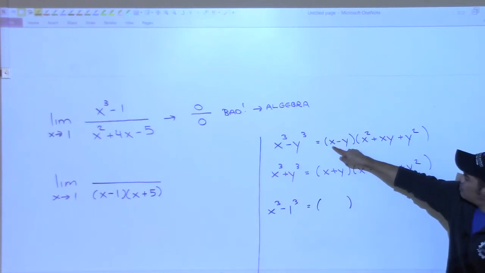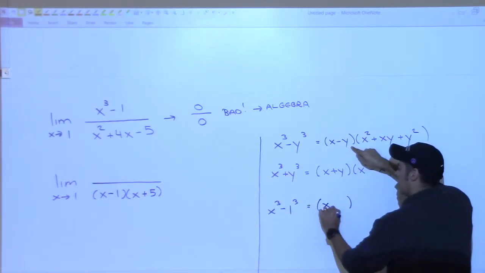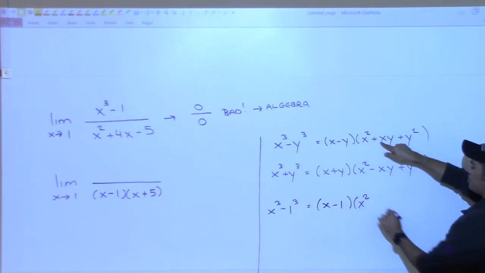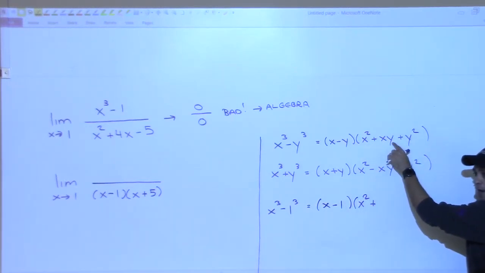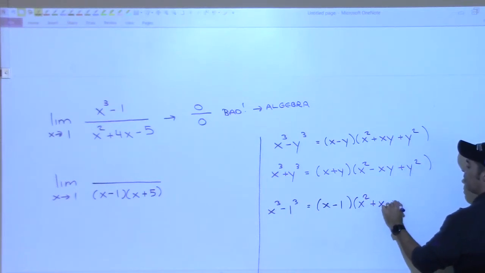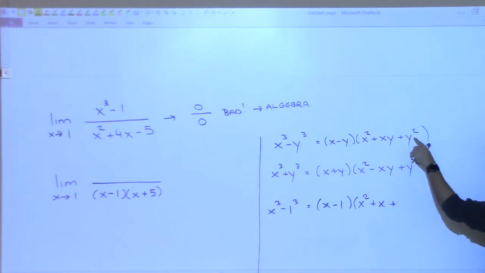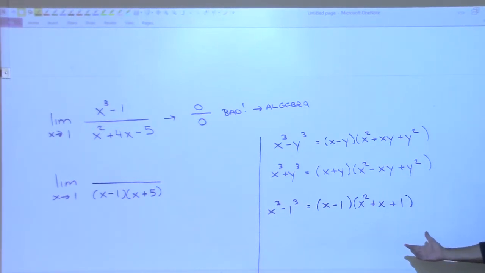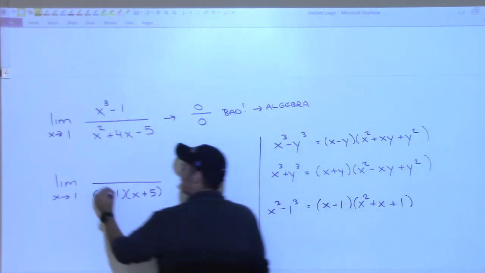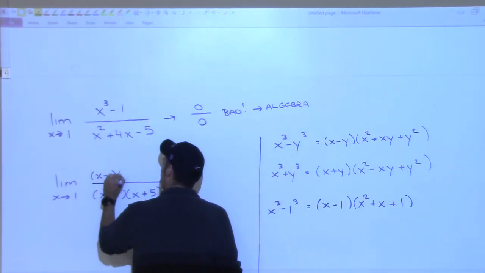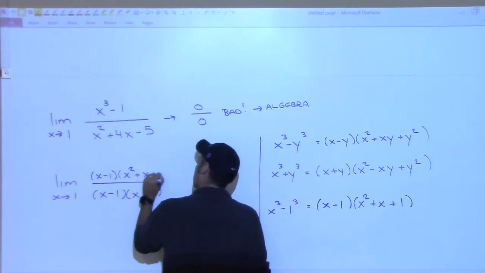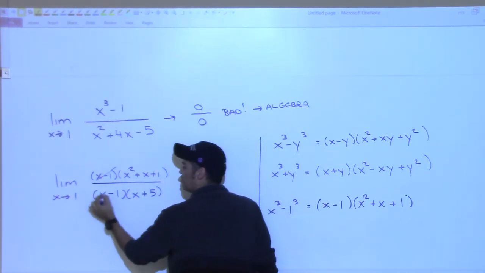So it should be x minus 1 times x squared, plus x times 1, which would be x, and then plus y for us is 1, so 1 squared is 1. So the numerator factors like this. And I said there should be a common factor, right? And there it is, the x minus 1. And now the x minus 1s can cancel.